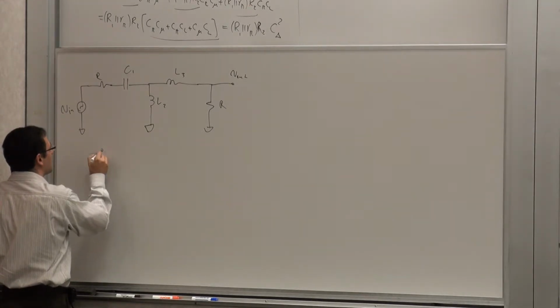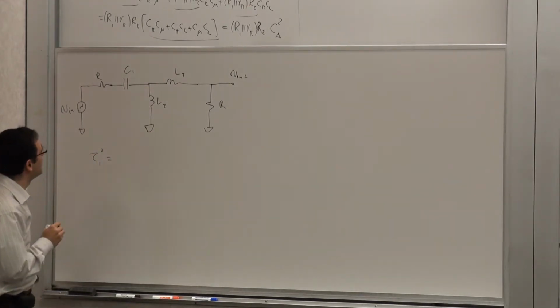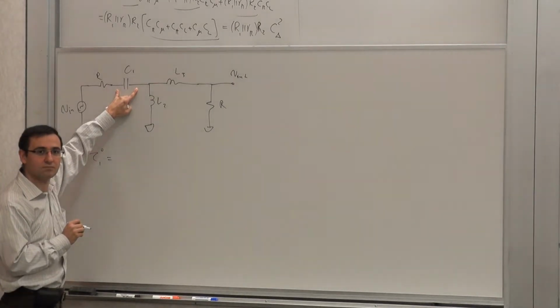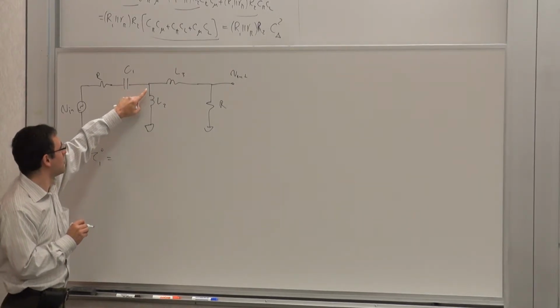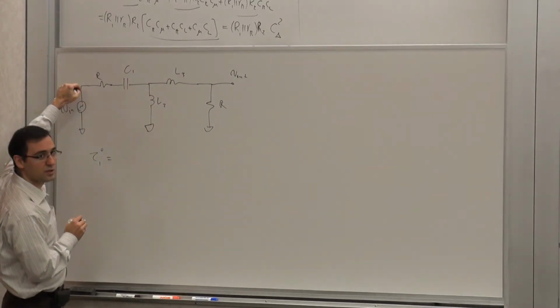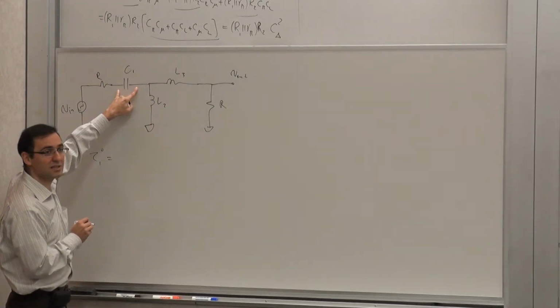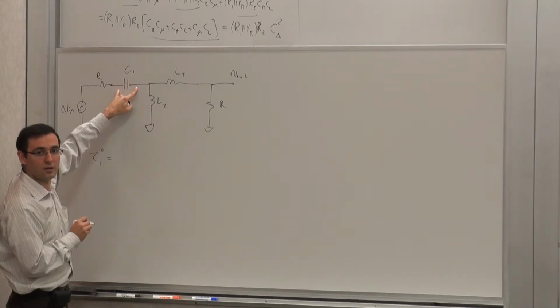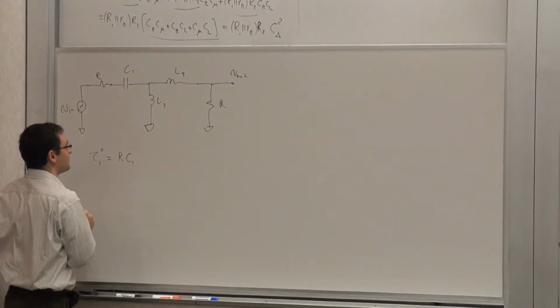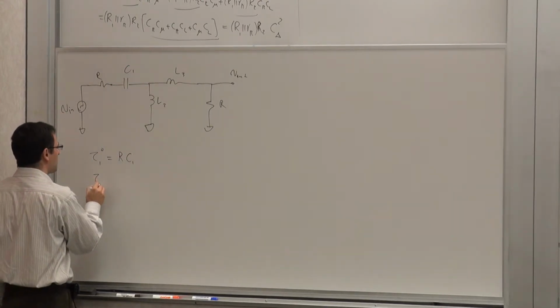So tau 10, what is tau 10? The resistance seen by the capacitor when the inductors are zero value, meaning inductors are short. This is short to ground, so this is ground on this side. What do you see? And of course the source is shorted. What is the resistance seen by this guy? R1, right? Or R. So it's R C1. What is tau 20?